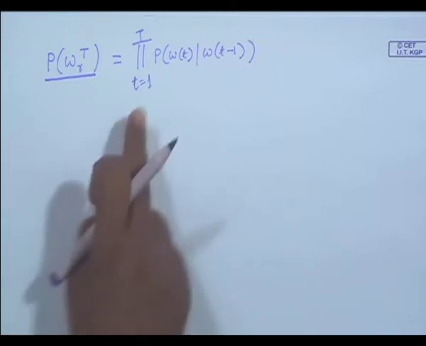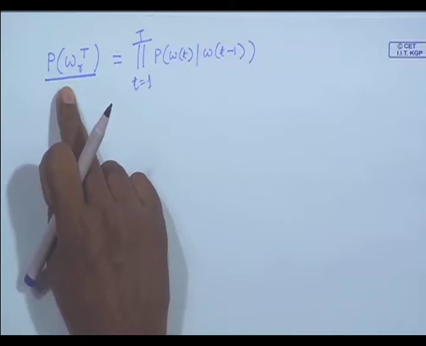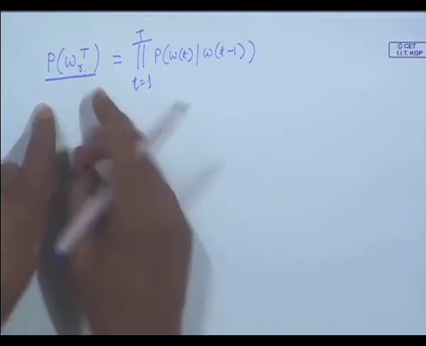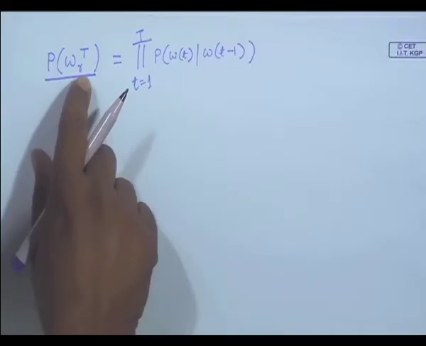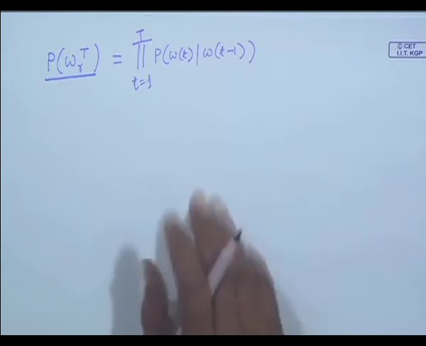So this P(omega_r^T) is nothing but the product of the transition probabilities from one state to another at consecutive time steps for this r-th sequence of hidden states.